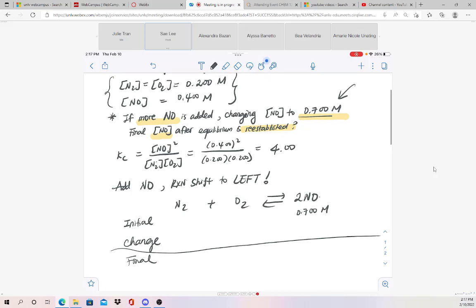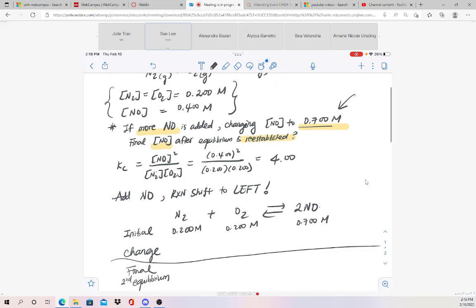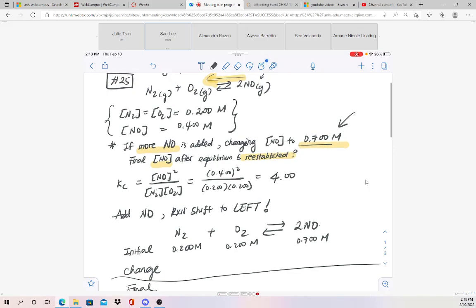This is the second equilibrium. 0.7. We did not make any changes to the concentration of nitrogen and oxygen, so there's still 0.200 mole, 0.200 mole. Now the change here is no longer positive here. Positive here.